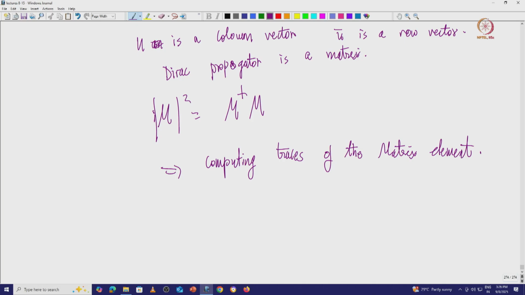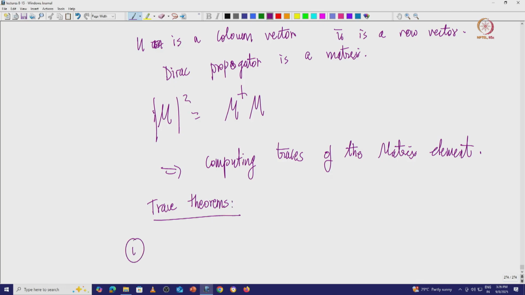The trace of an odd number of gamma matrices is 0. I list a few theorems, I will not prove them. Some of them will appear as assignments to you. These are well-known.